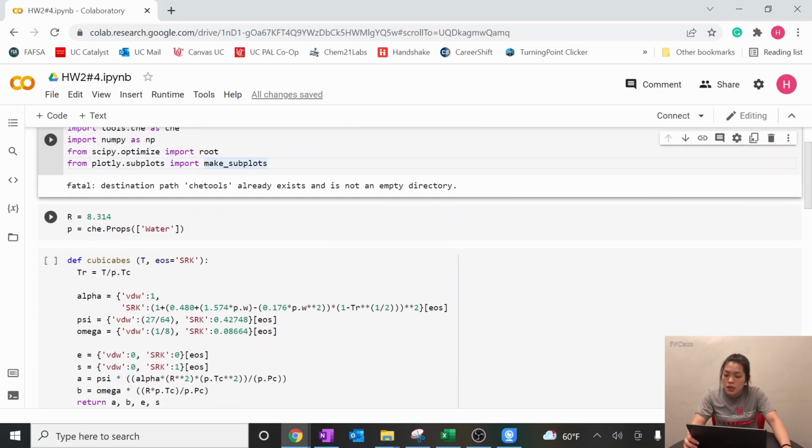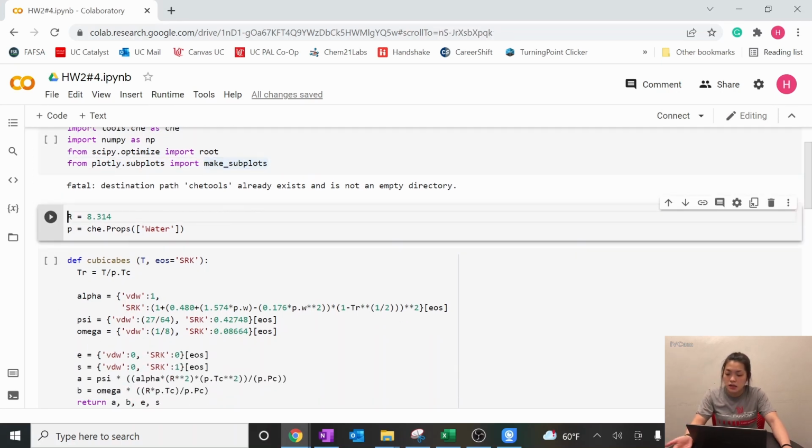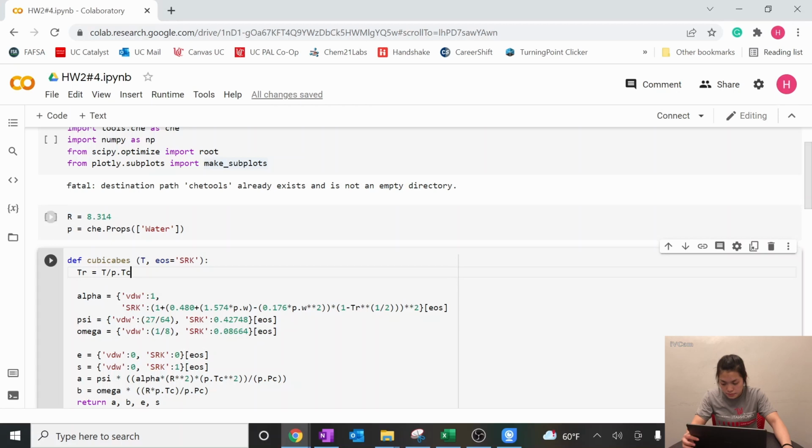And then we defined some constants. We defined the gas constant R, and then we also defined P, which we use when we refer to water properties. And this is the really important thing that we're going to be using in our script in this video: we wrote out a function to solve for the A, B, epsilon, and sigma constants of the van der Waals or SRK equations of state.